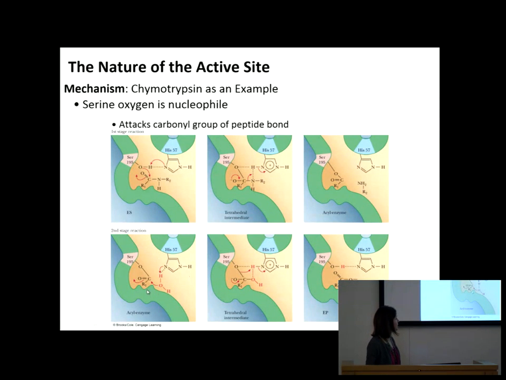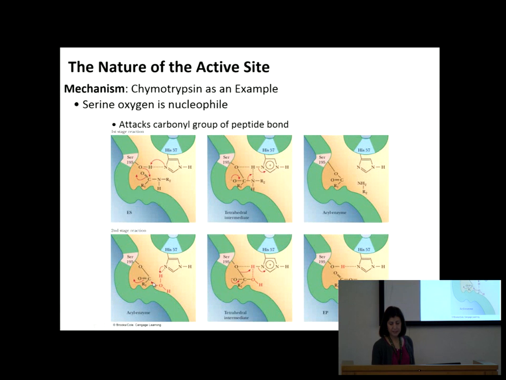But the oxygen acts as a nucleophile to attack the carbon of the carbonyl. Remember, this is the whole idea that the carbonyl is partially positive. The oxygen of the water is an even better nucleophile because the histidine will hydrogen bond with that nitrogen, pulling it away from the oxygen.